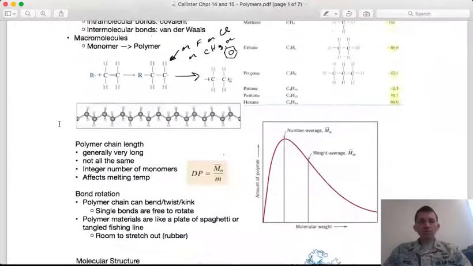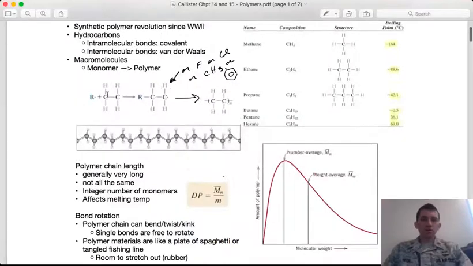And I should probably mention here, so here we have ethene, right, where we have two carbons with a double bond and all hydrogen, but we could just as easily swap out these hydrogens for other atoms, right? If you put a fluorine there, you put 4 fluorines or chlorines or a methyl group, a CH3, right, or a benzene ring.